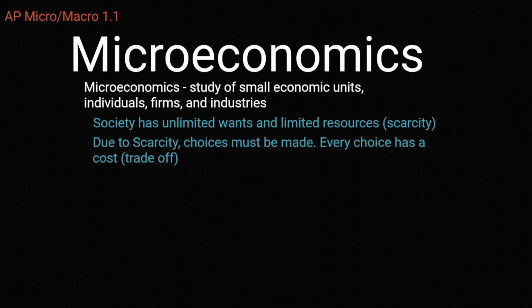The next assumption is that because of scarcity, we must make choices, and there are some trade-offs. You may have heard the idea that there's no such thing as a free lunch, and this is the idea of opportunity cost. Let's say you have this free lunch.